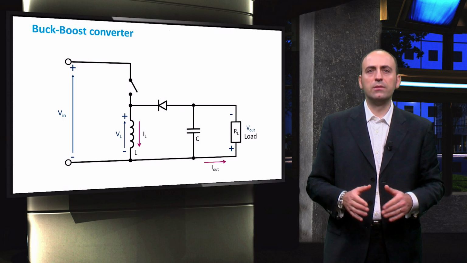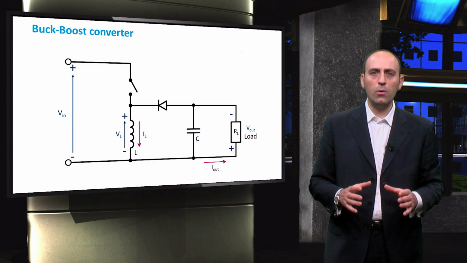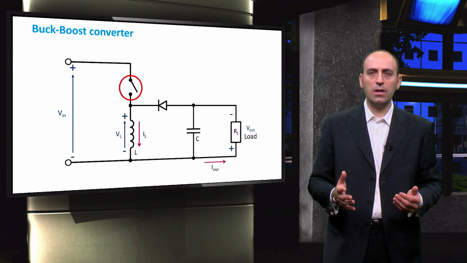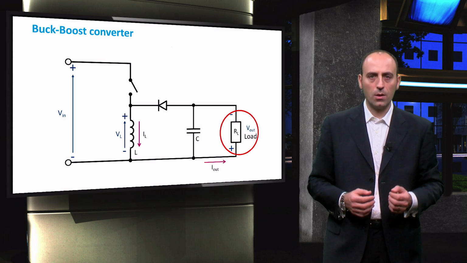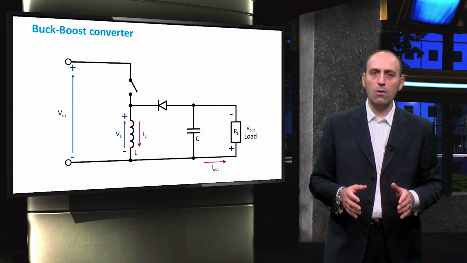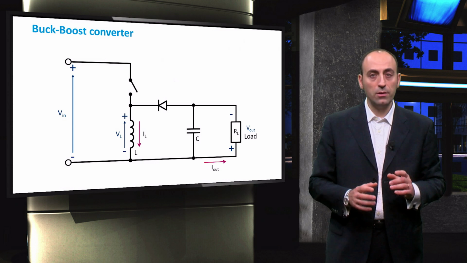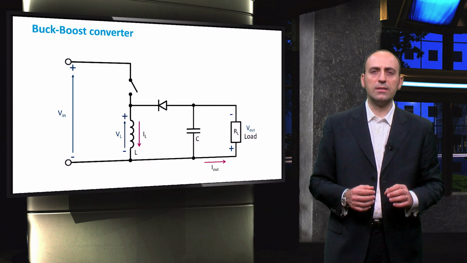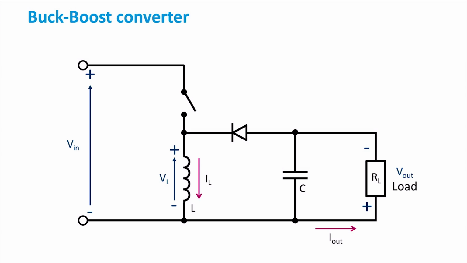Here is depicted the simplified schematic of a buck-boost converter. The components are the switch, the inductor, the flyback diode, the capacitor, and the resistive load. The topology is very similar to the buck converter, but now the coil and the flyback diode are inverted. The other important thing which is different is that now the load is connected with the inverted polarity with respect to the input voltage.